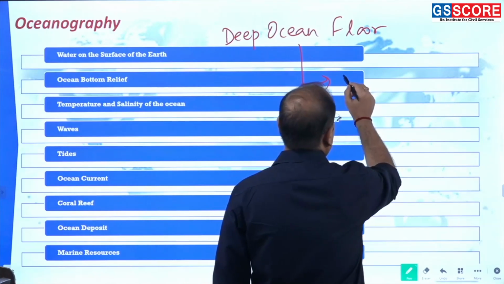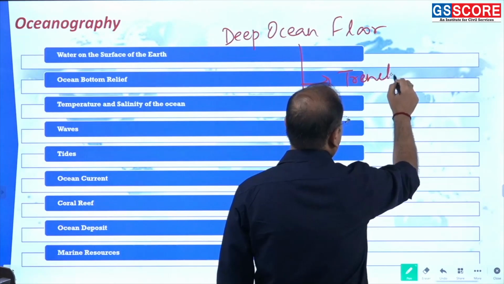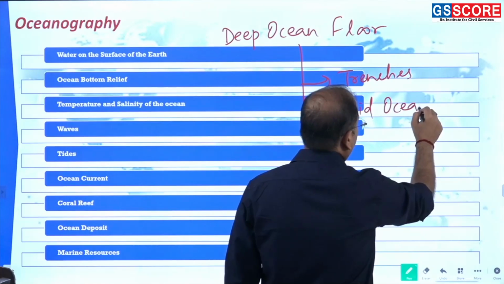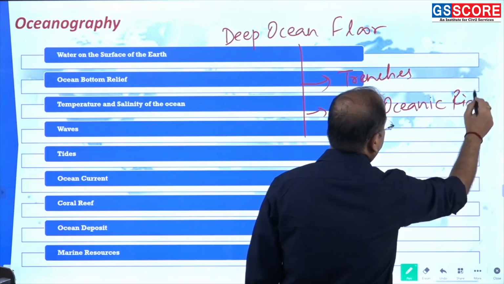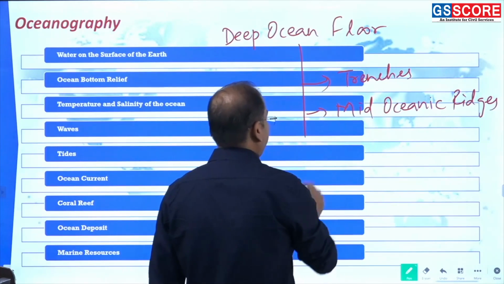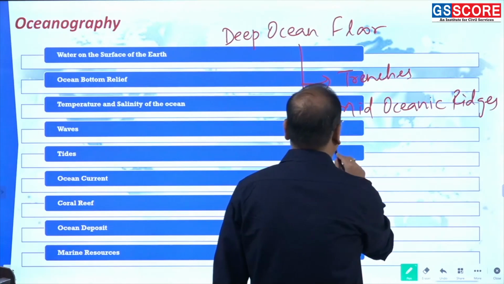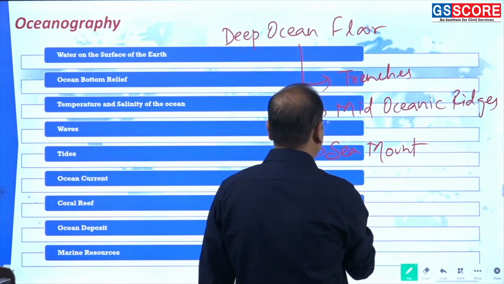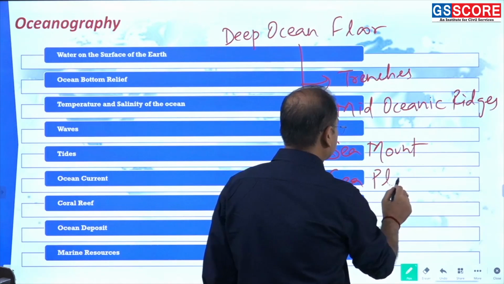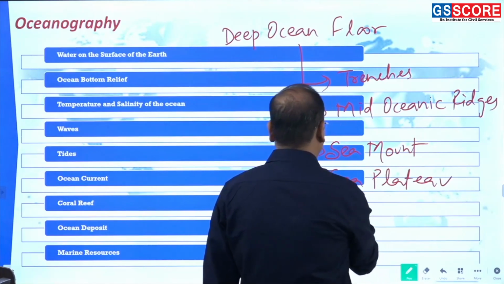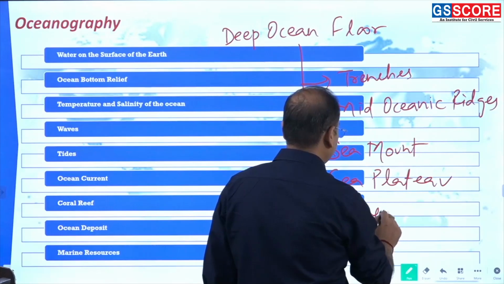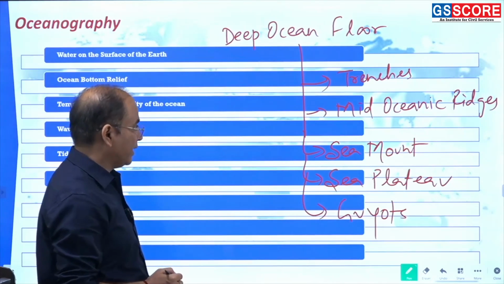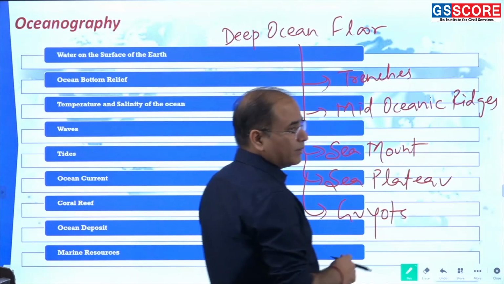Trenches are present, mid oceanic ridges are present, and we also have a presence of seamounts, sea plateaus, and guyots. These are the landforms that you will find on the ocean floor.